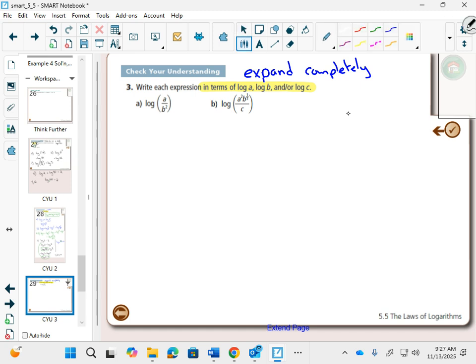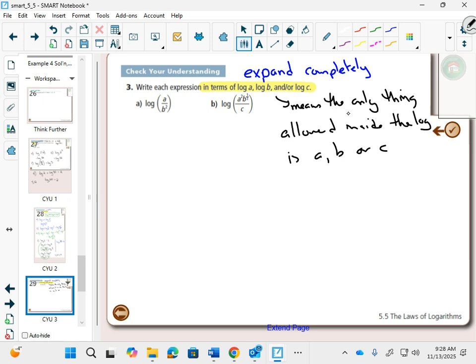And this means that the only thing allowed inside the log is A, B, or C. And right now in part A, I have an A and a divide and a B and a squared inside the logarithm.